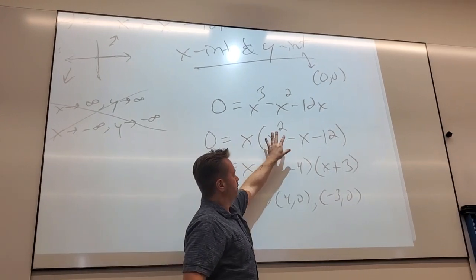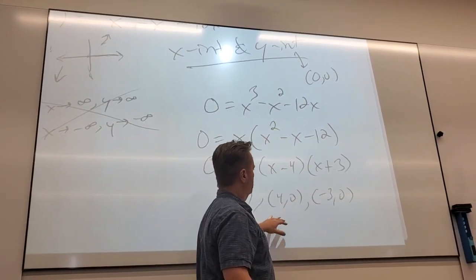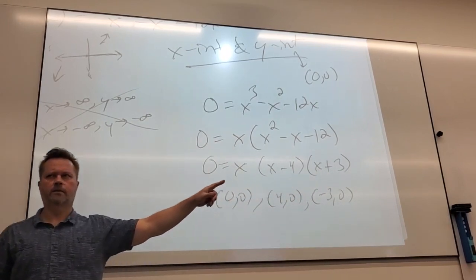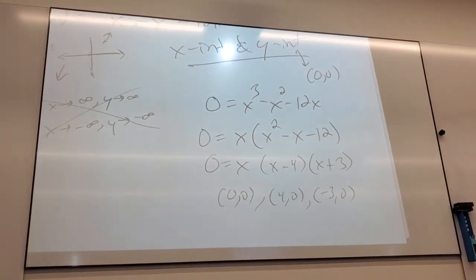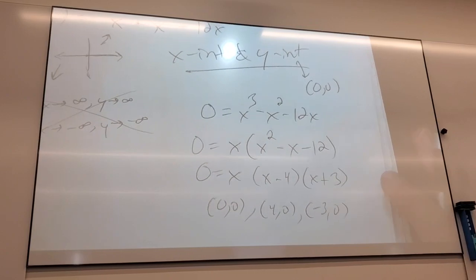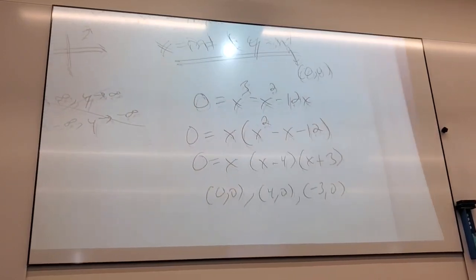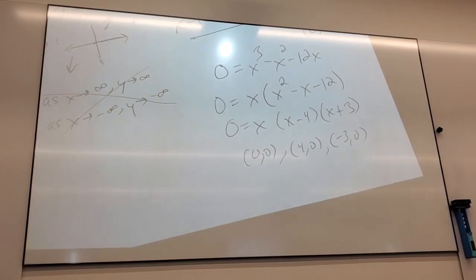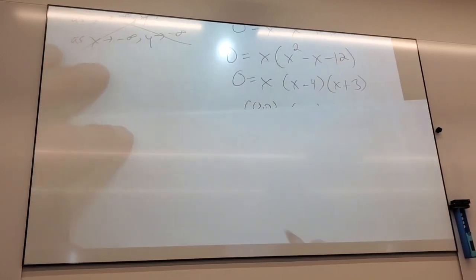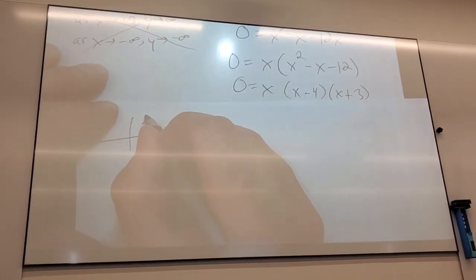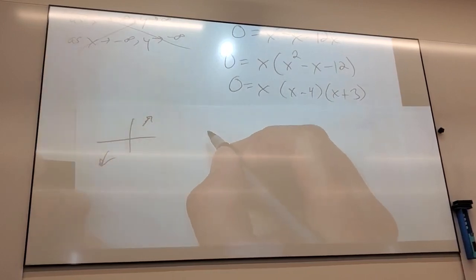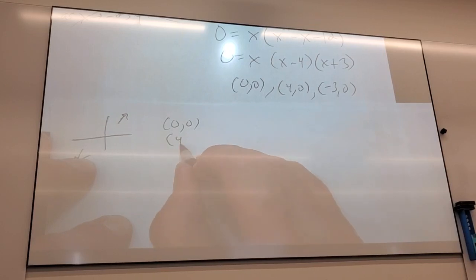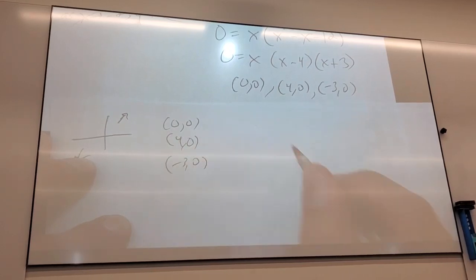So this is just the same old stuff as before. Then I can just read off my x-intercepts. Okay, so let's collect what we know so far about this thing. I'm going to copy down what we know. I know the end behavior. I know it goes through the points (0, 0), (4, 0), and (-3, 0).